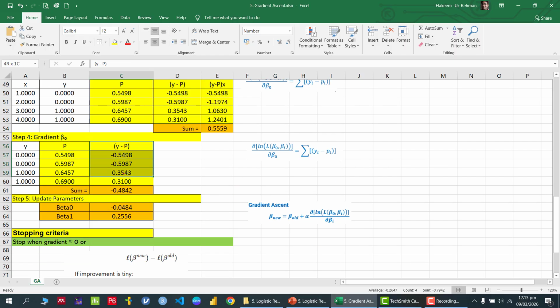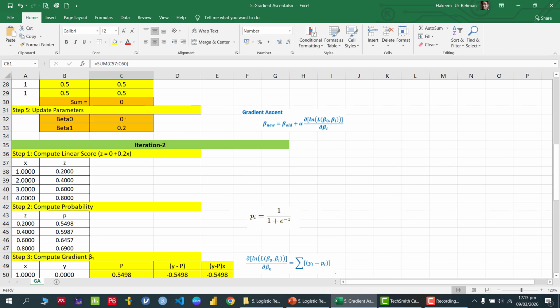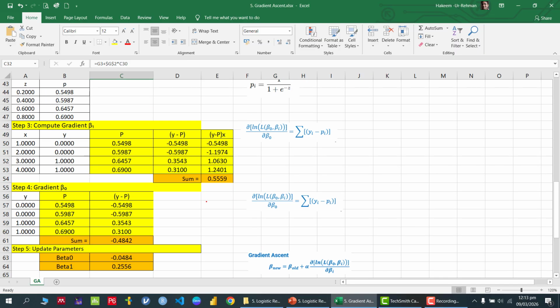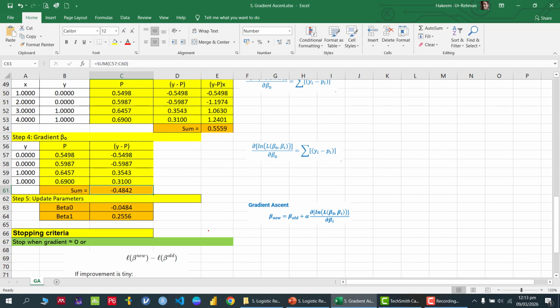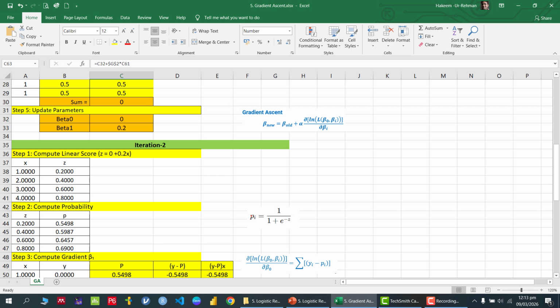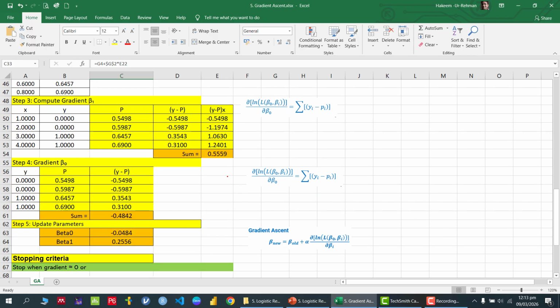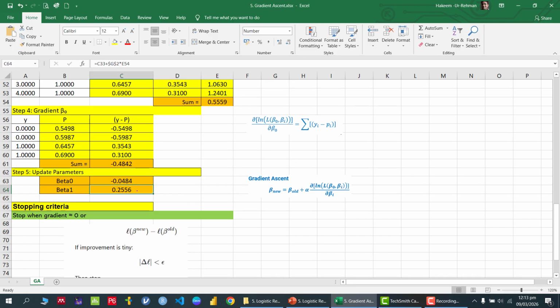Similarly, we calculate the gradient of beta naught, which is this one. So once again, the new beta naught would be equal to the old beta, which is 0, plus alpha, which is 0.1, multiplied by this one. Similarly, to calculate the new beta 1, it is the old beta, which is 0.2, plus 0.1 multiplied by the gradient of beta 1, which is 0.55. If we sum it up, we get 0.2556. So this is the updated version of the beta.